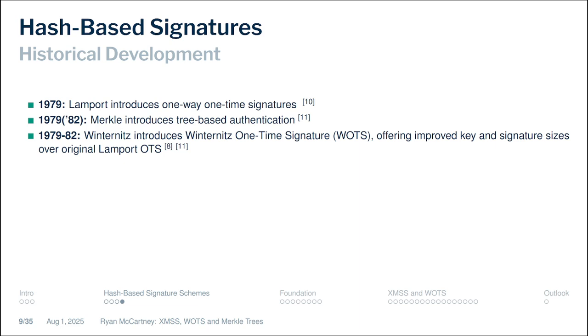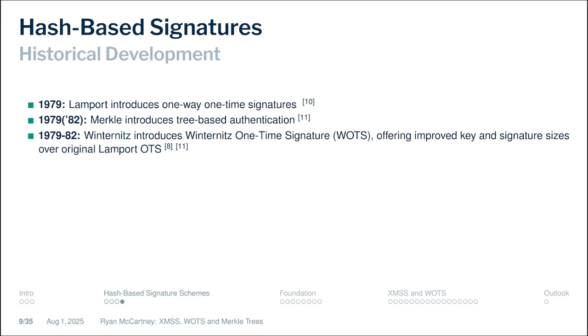Now for the historical development of hash-based signatures. First, Lamport, Merkle, and Winternitz all worked on the same problem, independent of each other, where in 1979 Lamport introduced these one-way, one-time signatures, and Merkle published the well-known Merkle tree, which is also in use in Bitcoin to combine all the transactions inside one block into one single value.